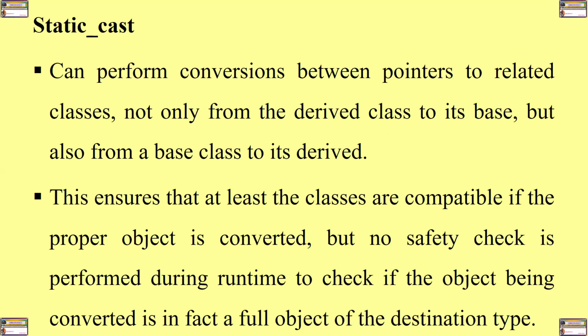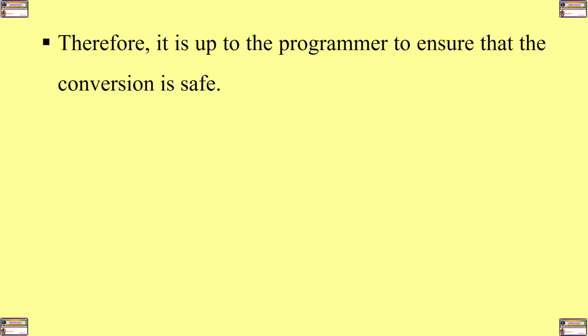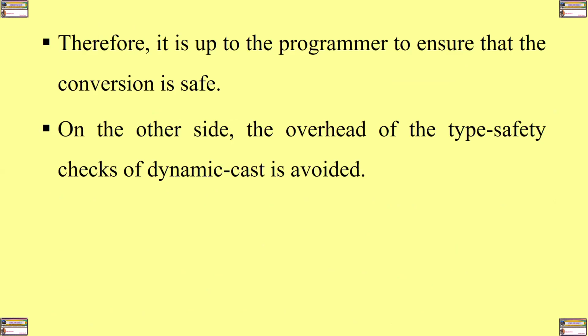This ensures that at least the classes are compatible if the proper object is converted, but no safety check is performed during runtime to check if the object being converted is in fact a full object of the destination type. Therefore, it is up to the programmer to ensure that the conversion is safe. On the other hand, the overhead of the type safety checks of dynamic_cast is avoided.